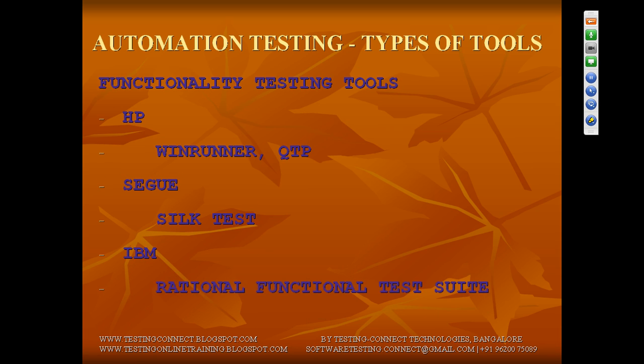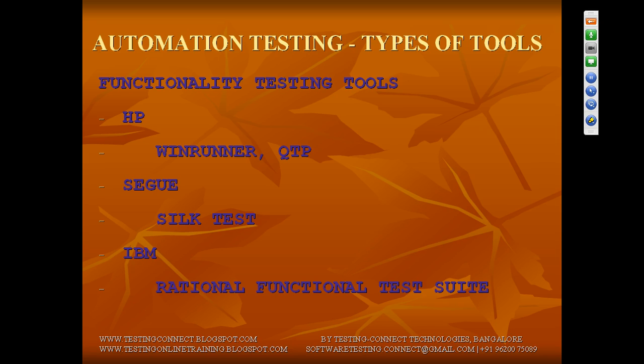The HP tools I mentioned, like WinRunner and QTP, were originally developed by a company named Mercury Interactive. Mercury Interactive was later taken over by HP, in the last months of 2008.